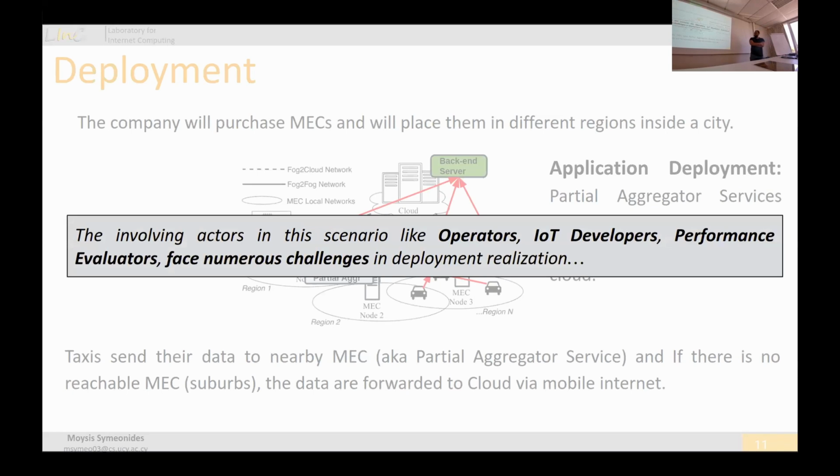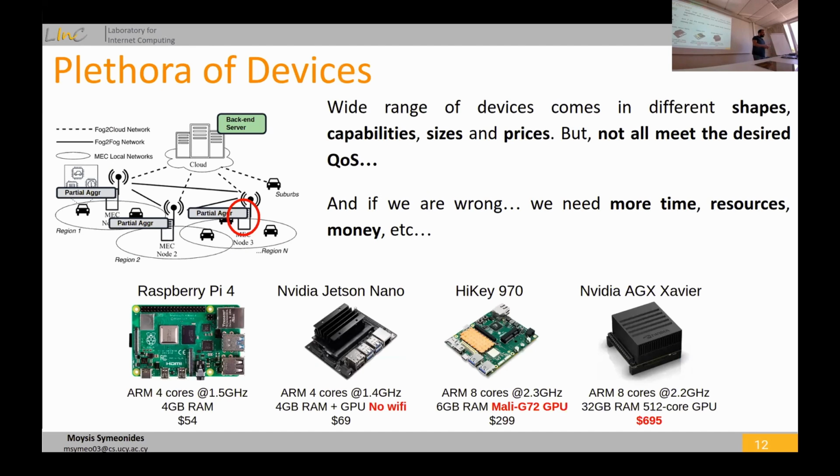So in this use case, we have many actors like fog operators, like IoT developers, performance evaluators that face multiple challenges in such complex environment. So starting from the plethora of the devices, so the wide range of the devices contribute also in heterogeneity of compute resources, but also in diverse capabilities, sizes, and prices.